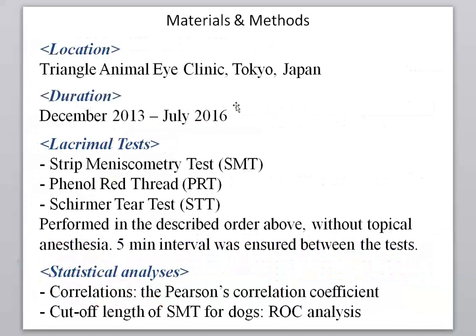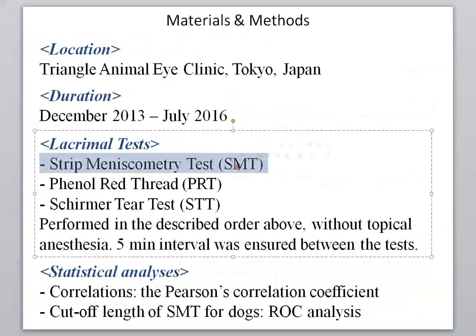Alright, the study was conducted at the Triangle Animal Eye Clinic somewhere around Tokyo. SMT represents the strip meniscometry test. PRT is not so important, but anyway, PRT represents the phenol red thread test, and STT is the abbreviation of the Schirmer tear test. So keep in mind this SMT and STT in this talk.